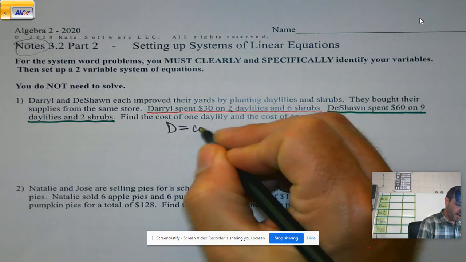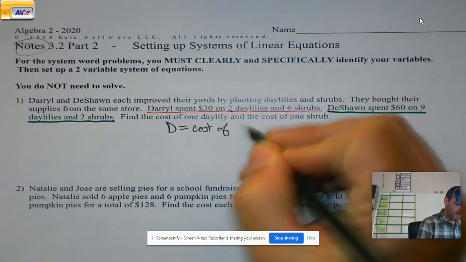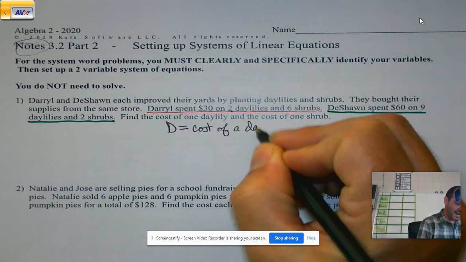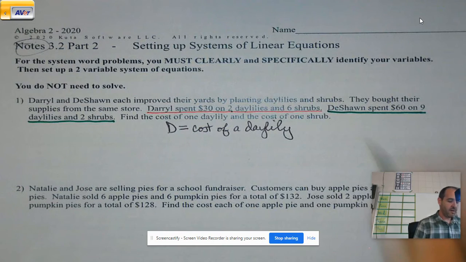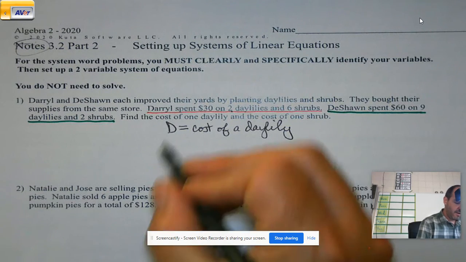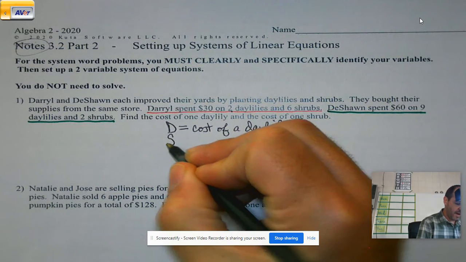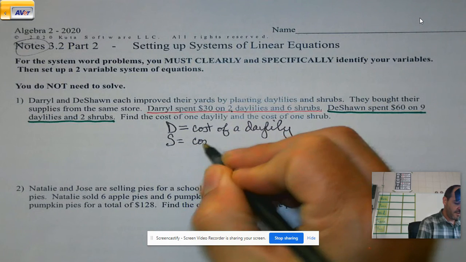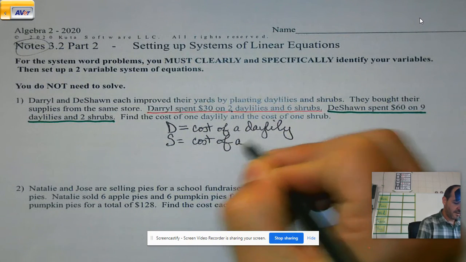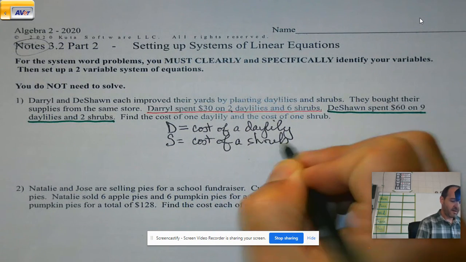It's the cost of a daylily. Okay? We're going to figure out how much one daylily costs. Then, I guess since we have S, we'll use S for the cost of a shrub.